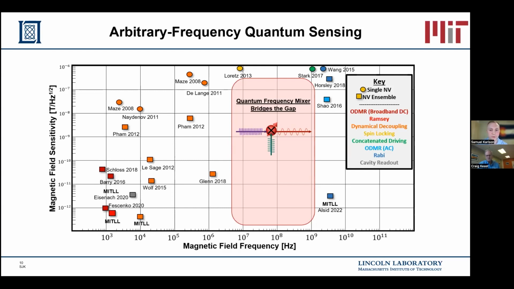You can put more signal through the device, and obviously that'll lead to a greater contrast. You can increase the amplitude of the microwave fields that you apply to the diamond. There are a number of ways that the contrast can be improved.